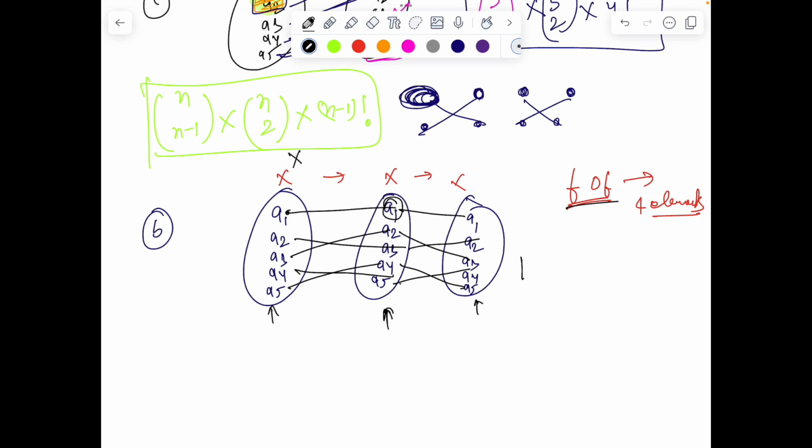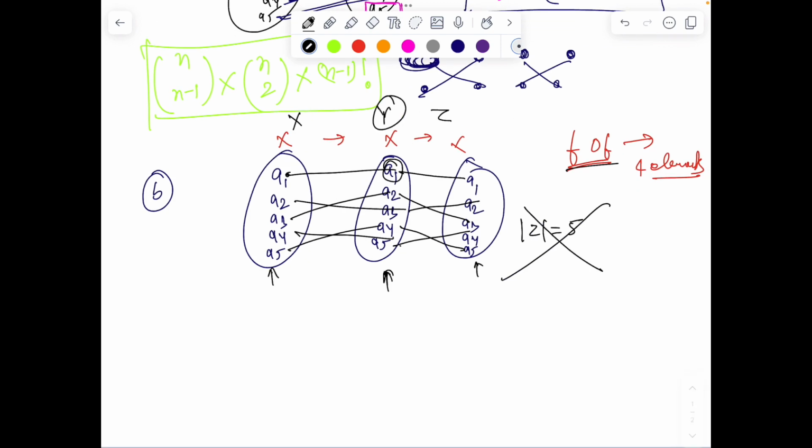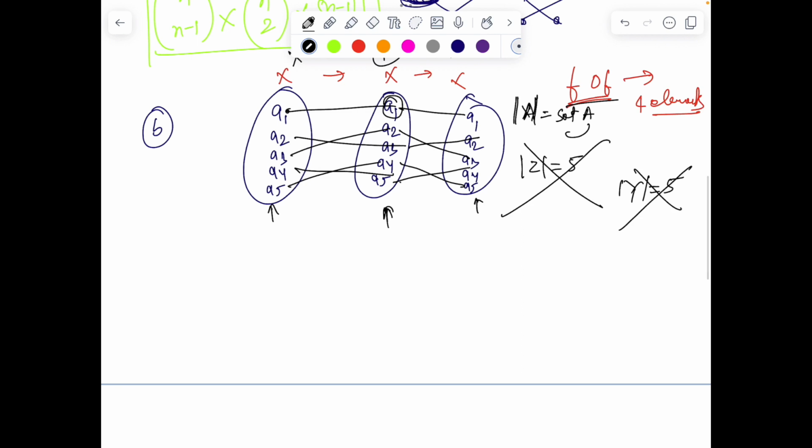So clearly in this case, the number of elements in the final set, let's say this is x, I'm calling this y and z for the sake of distinctiveness, will still be 5. So it's not possible. Hence the set y cannot have all 5 elements. I'm denoting by this symbol the cardinality of set A, meaning the number of elements in set A.